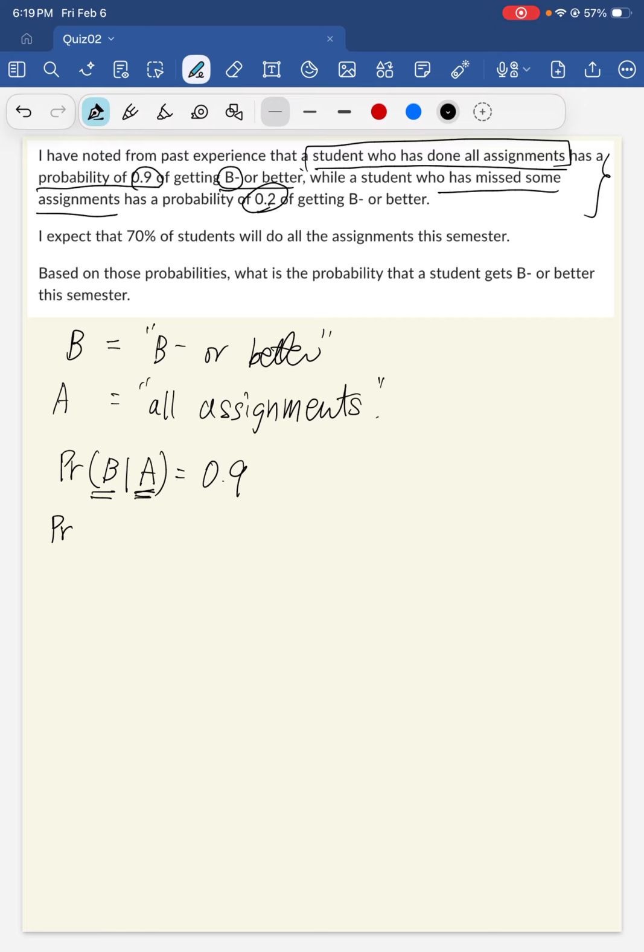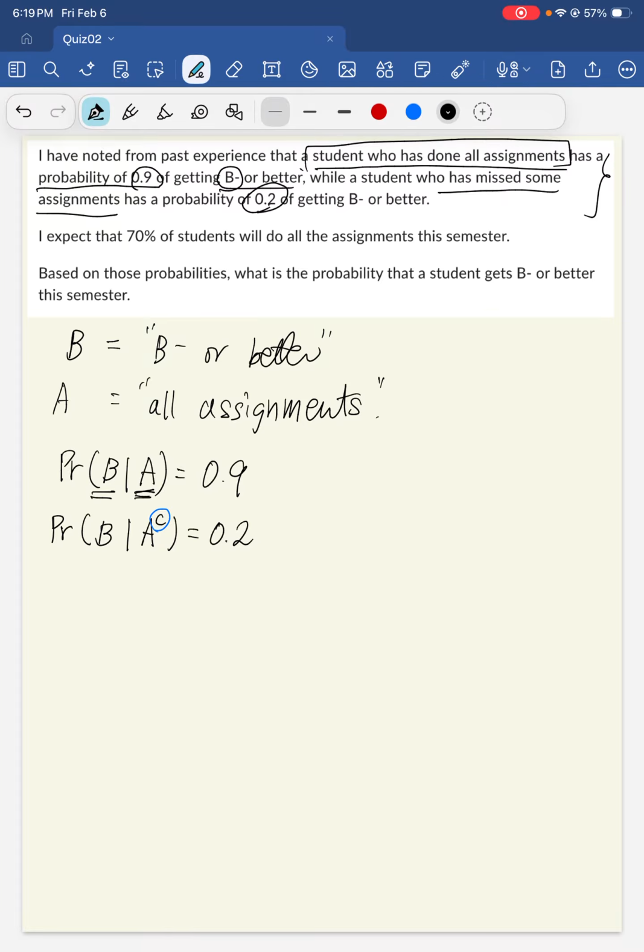On the other hand, if you do not finish all the assignments, I'm using complement notation, which means not A, A does not happen, then the probability of B minus or better is only 0.2, 20%.